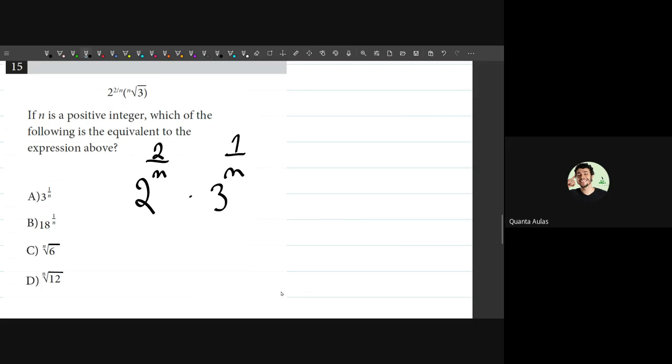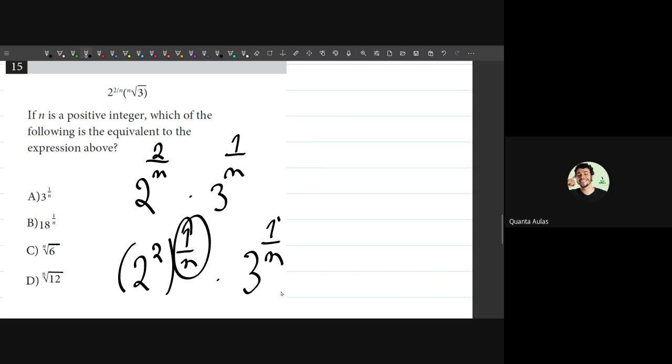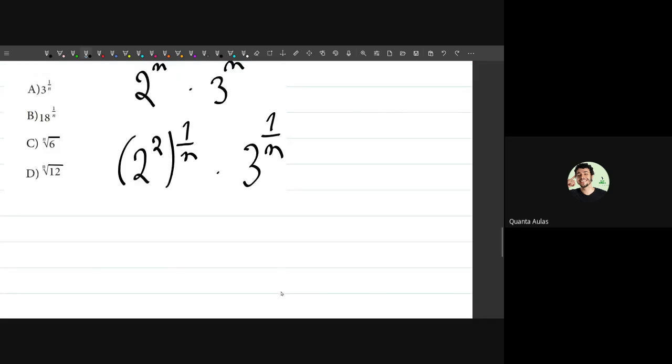So, for example, here things are a little similar, because we have n in the denominator. So we can change this a little more. For example, I can do this, and now I have two things with this exponent. First, I can do this. This is 4 to the power of this fraction, and here 2.